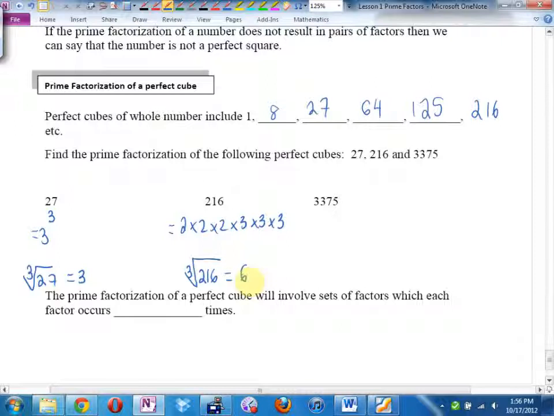What's the cube root of 3,375? Let's write the prime factorization. What's 3,375 divided by 3? Does 3 go into that? What'd you get? Does 3 go into that?